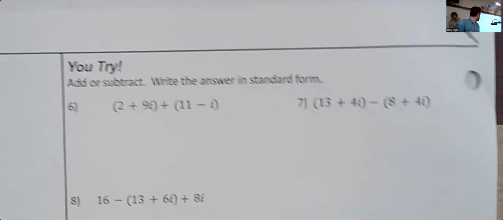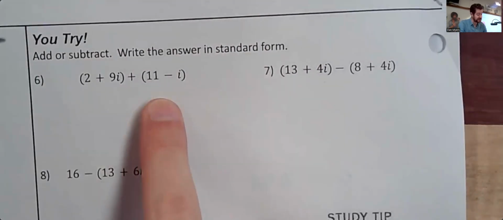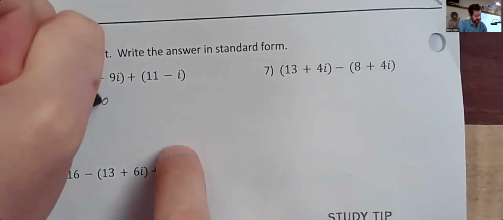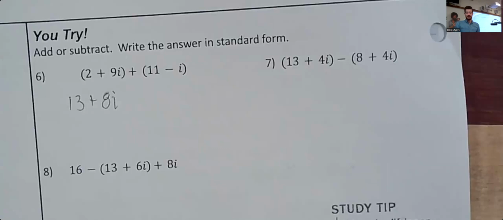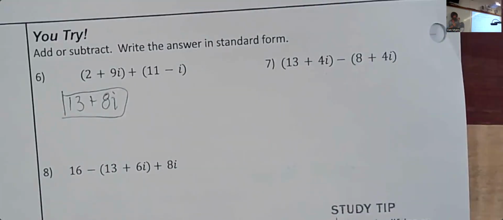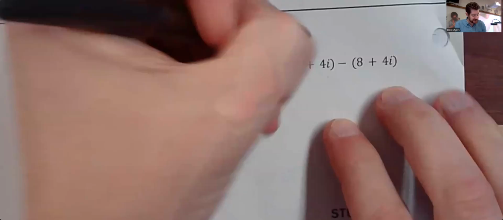I'm not going to have you do these on your own. We'll just do them all together because they're super quick. So let's see, 2 plus 11 is 13. 9 minus 1 is 8, so 13 plus 8i. That's that one. Then we're going to have to distribute a negative for the next one. Or you can just subtract. 13 minus 8 would be 5, so that's 5.